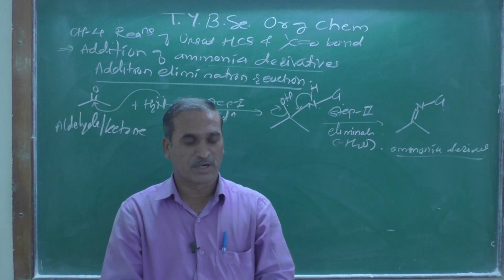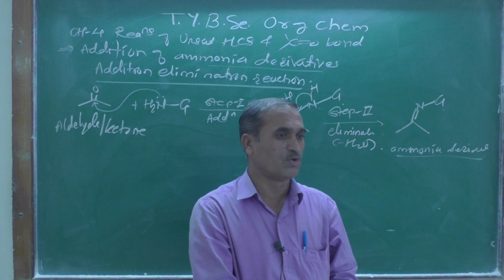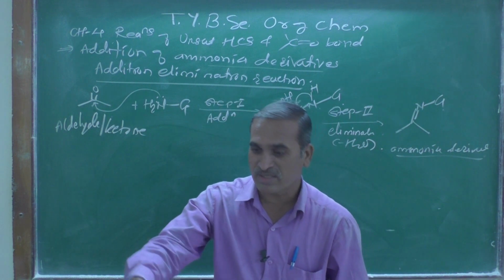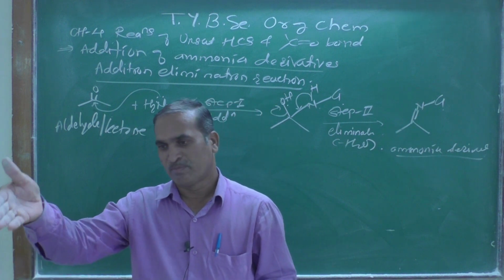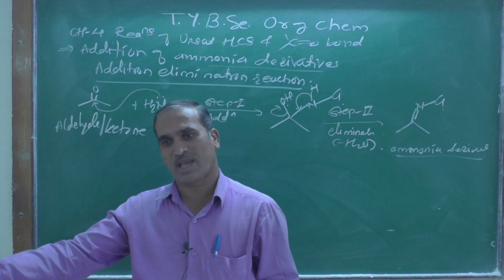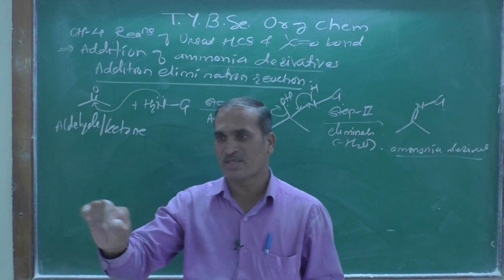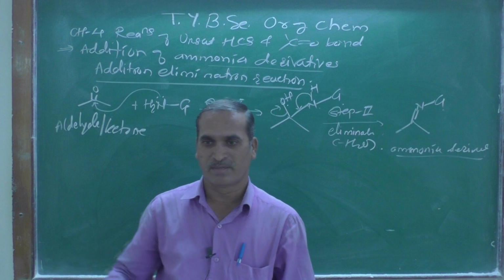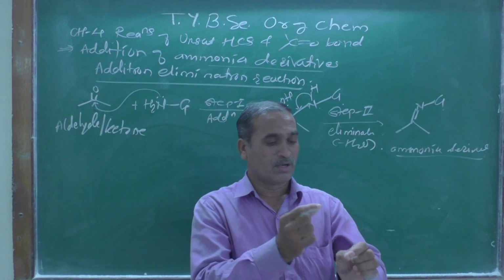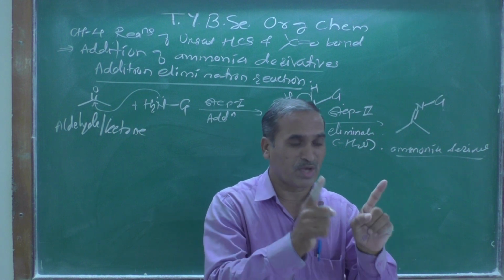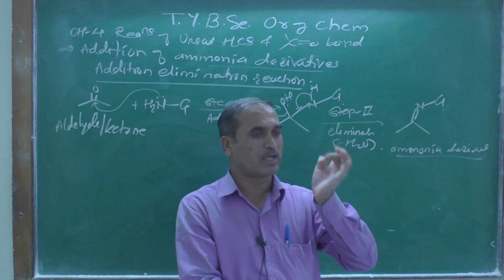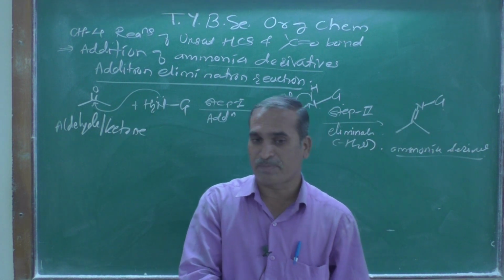Number 2, the derivatives give a sharp melting point, whereas with a preparation you may get solid, liquid or gases, and therefore there is no fixed range. But for derivatives the melting points are very sharp, because all are solid in nature, right?